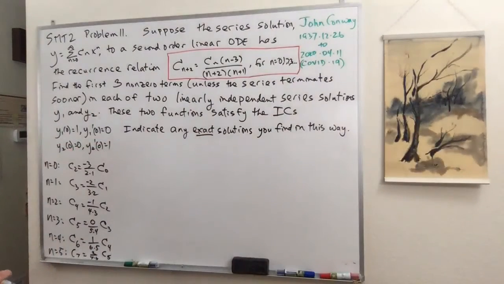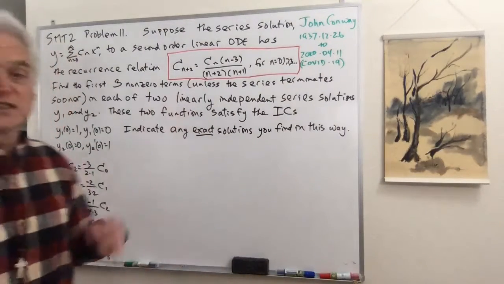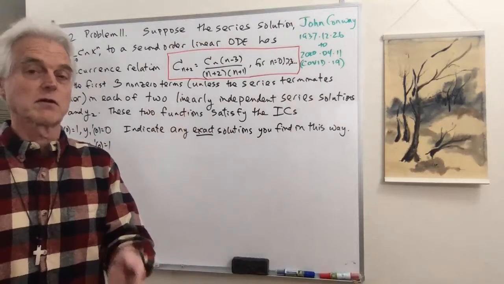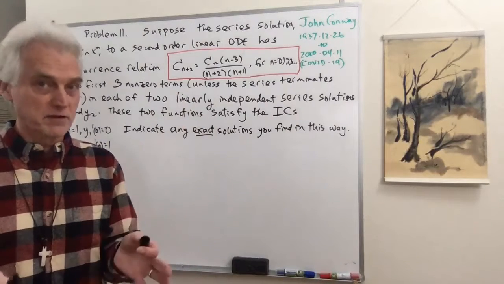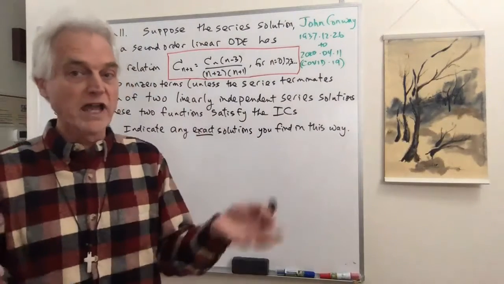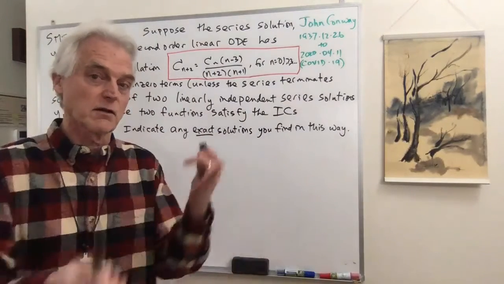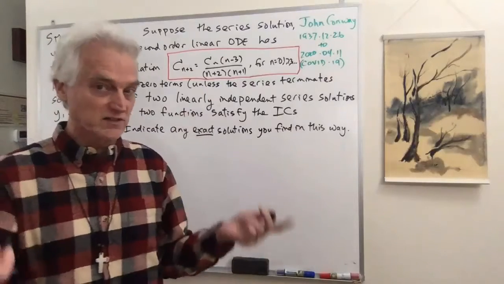And the very, very important thing about this is the recurrence relation never tells me what C0 and C1 are. C0 and C1 are arbitrary because the initial conditions to the ODE are arbitrary. Y of 0 is C0, and that's arbitrary. Y prime of 0 is C1, and that's arbitrary.